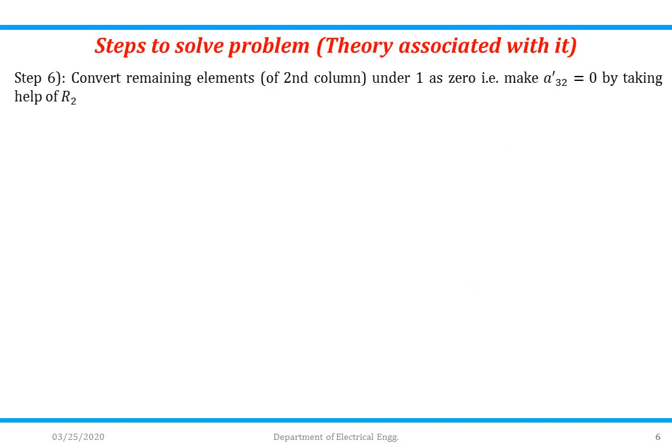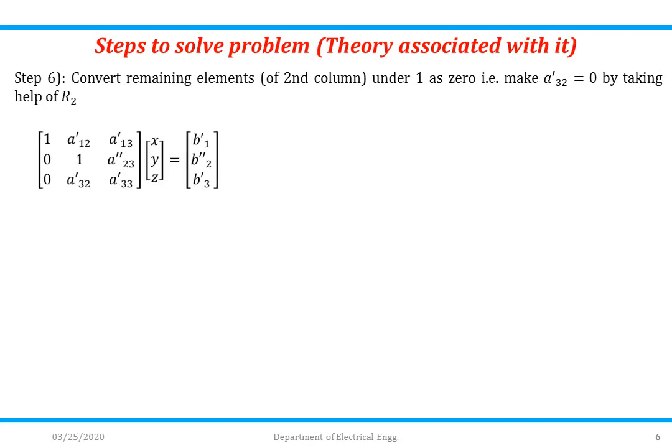Step number 6 is, now convert the remaining element of the second column under 1 to 0. This is our second column. Now I want to make this element 0. Remember, if I want to make these two elements 0 in column 1, I have to take help of this element, which is called R1 or A11.